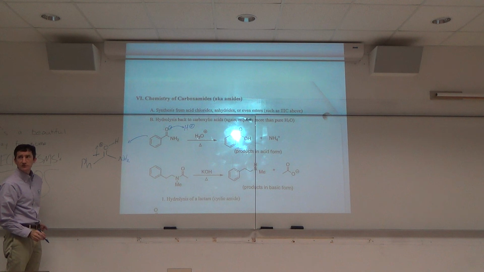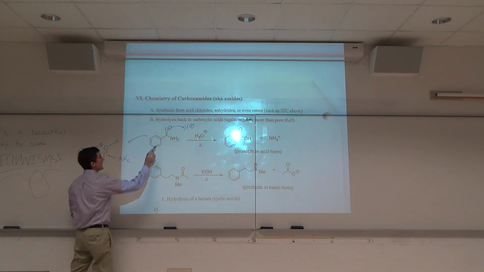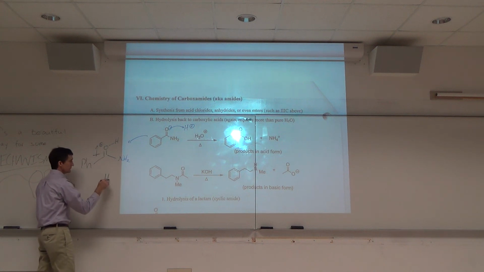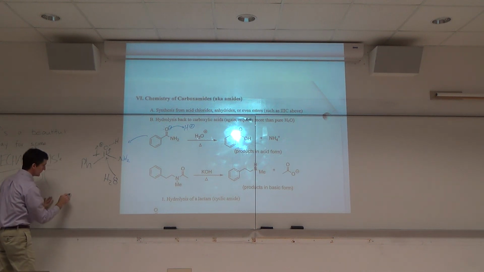Now what nucleophile adds to the carbonyl? Water. Hydrolysis. We're going to lyse it with water. So we add to the carbonyl, we push the electrons up, give the oxygen what it wants.